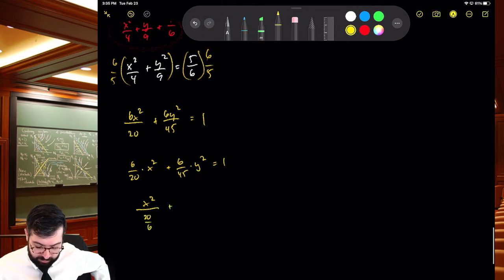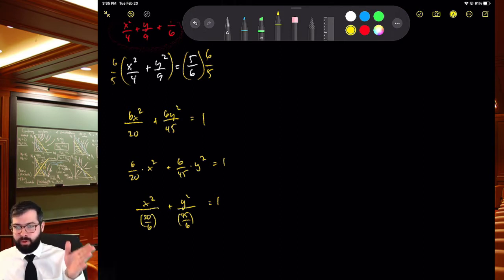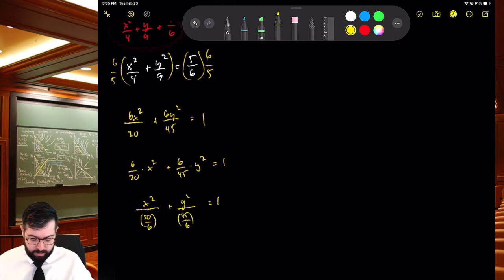You can instead write this like this. Because now I have my a and b, right? So if I wanted to trace it out, I've got a is the square root of 20 over 6, b is the square root of 45 over 6. Not super important, but a nice trick to have up your sleeve.